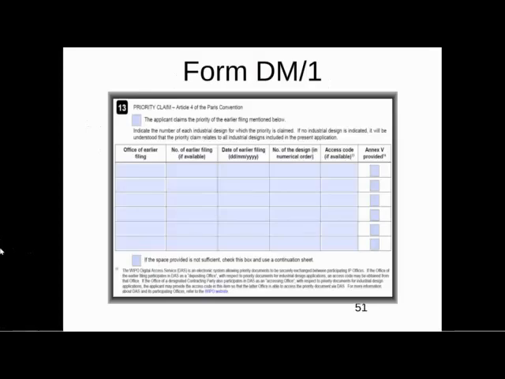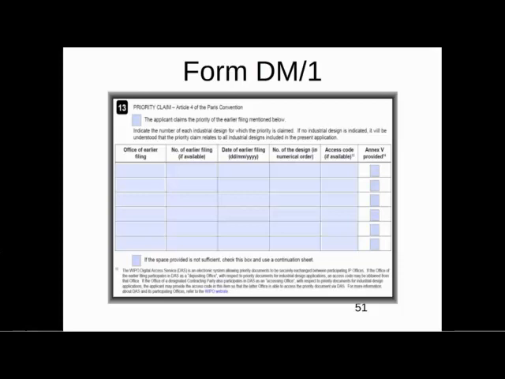Okay, I mentioned Form DM1 several times. Here is the relevant part of Form DM1. Anybody who's filing a Hague case, when you get down to box 13 of Form DM1 and you're putting in that you're making a priority claim, you want to fill in the DAS access code if you can.